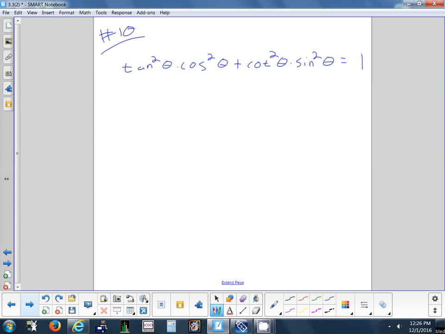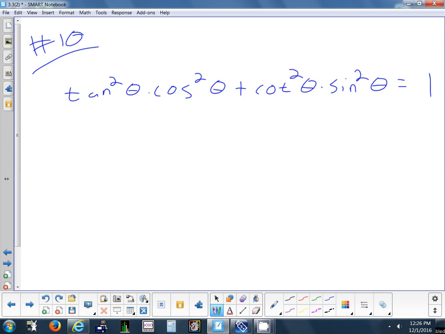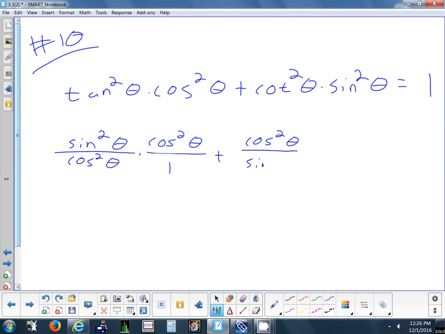Okay, and last problem. Okay, this is one where you just want to change everything to sines and cosines. So tangent squared is sine squared over cosine squared times cosine squared, and I'm going to make that over 1. Cotangent squared is cosine squared over sine squared. And I'm going to multiply that by sine squared over 1.